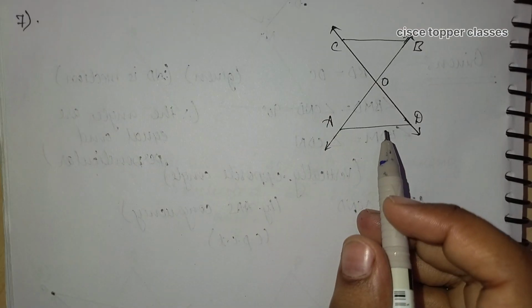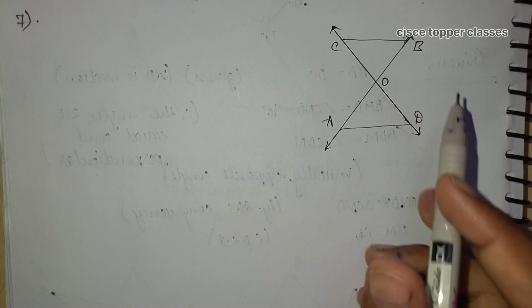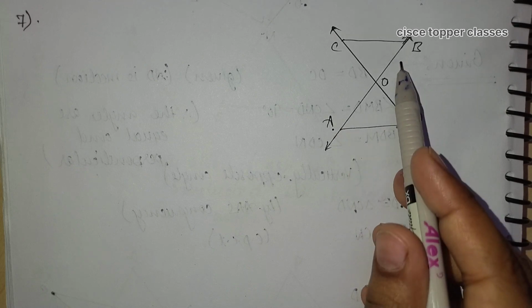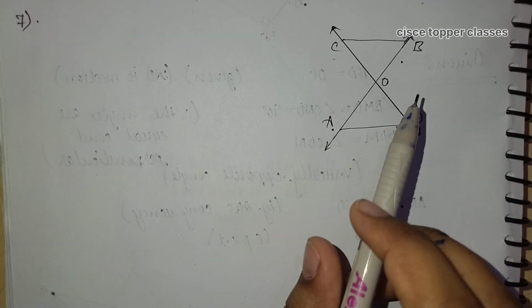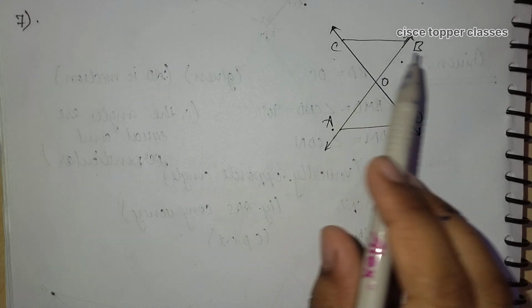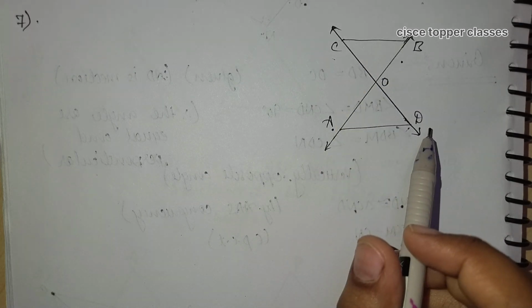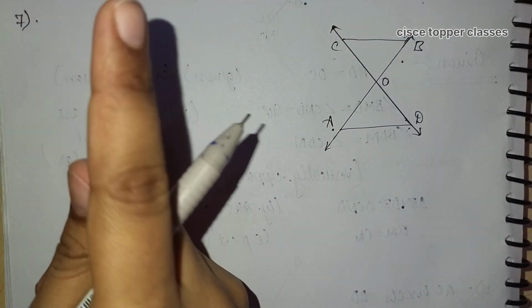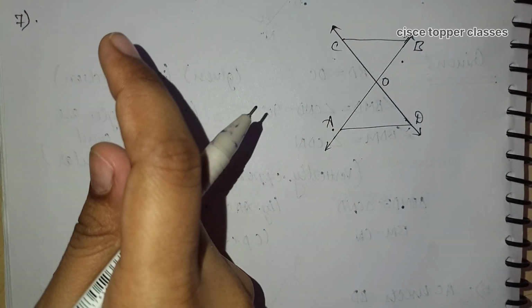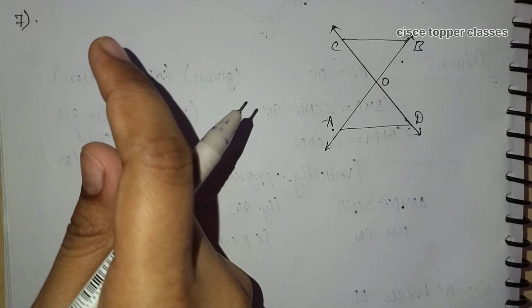Let us solve the seventh question here, in which in the adjoining figure two lines AB and CD intersect each other at the point O such that BC is parallel to DA and BC is equal to DA. Here the given information is that O is the midpoint of both the line segments AB and CD.